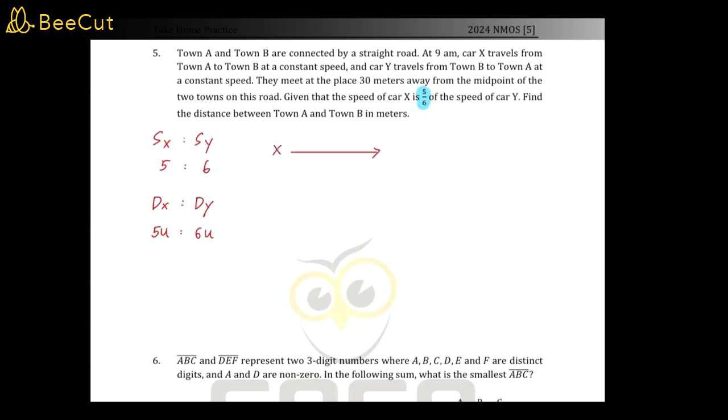This is for X, 5U. Y travels 6U. So we know that the total distance is 11 units. And we can use 11U divided by 2. Now half of it is 5.5U.